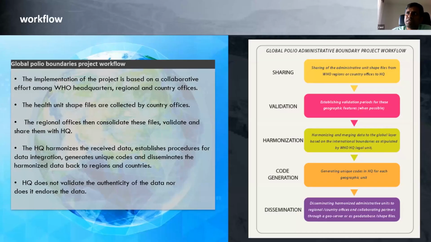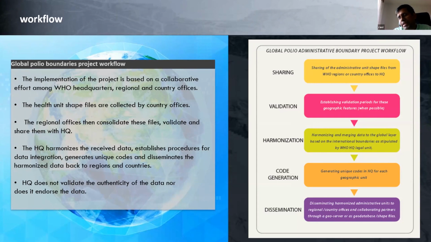The process is sharing, validation, harmonization, code generation and dissemination. Sharing is when a person from the WHO office talks with the Ministry of Health and tries to get the boundary for that year. Sometimes it's even just a list of agreed names for that subnational geography, because the Ministry of Health might not have the shape files. So there are different scenarios.